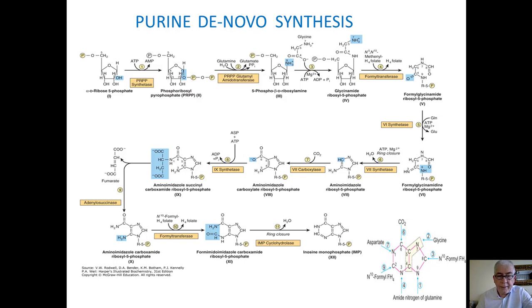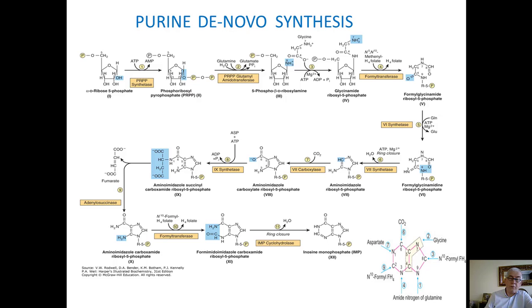Another amino acid, aspartic acid, enters the reactions and binds to the ring system, gives a nitrogen atom and releases fumaric acid. After that we reach the last step of the synthesis of the purine ring system.